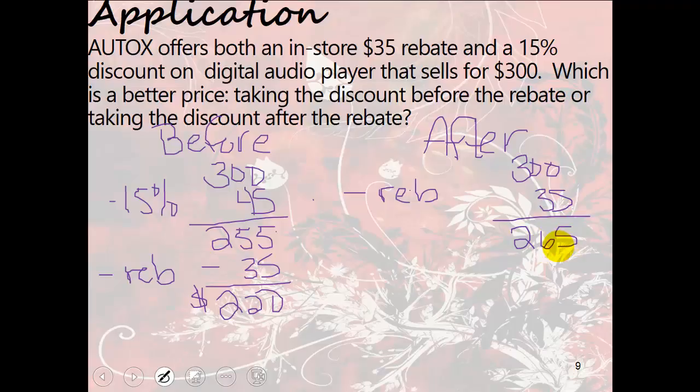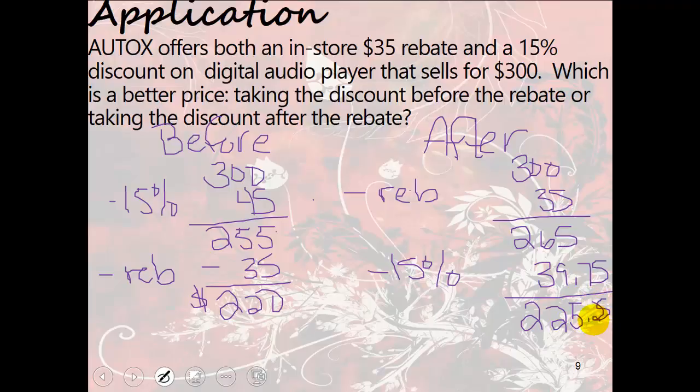And now we're going to take 15% of $265, minus 15%, which is $39.75. And then when you do that subtraction, you get $225.25.